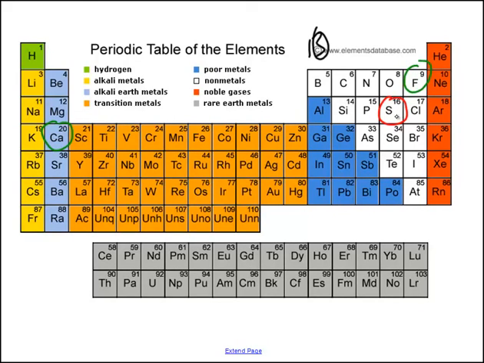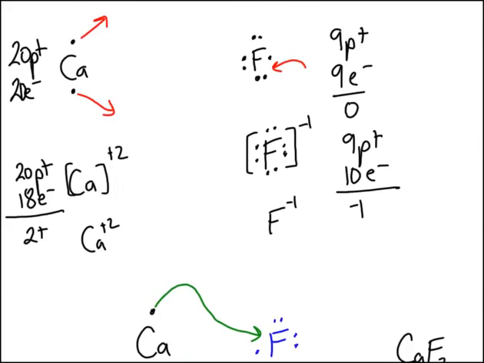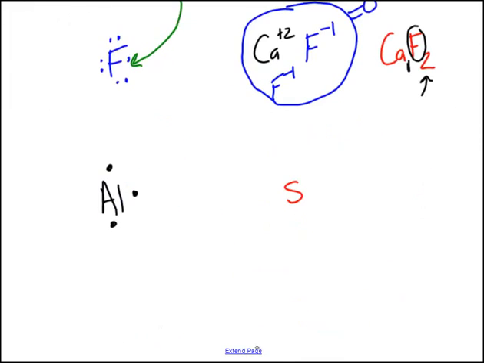It's number 16, and it's in group 16. And it has how many valence electrons? 6. So let's go back here, and we'll draw 6 electrons. 1, 2, 3, 4, 5, 6.